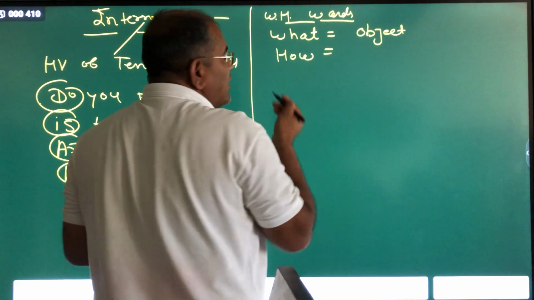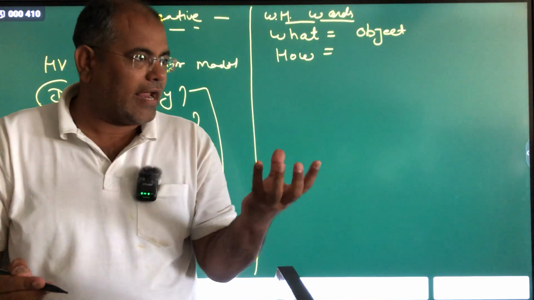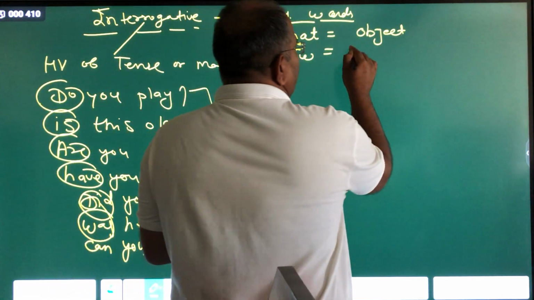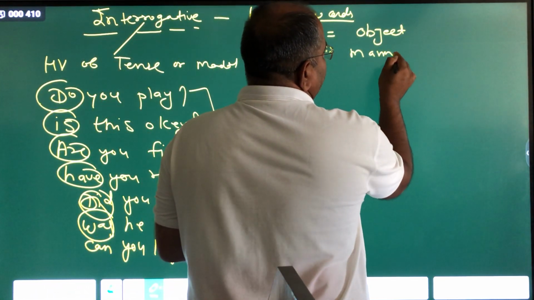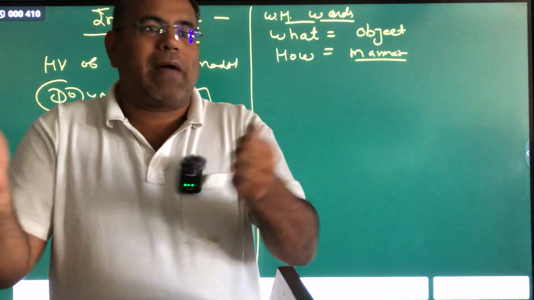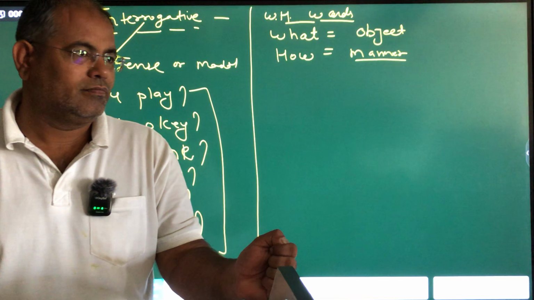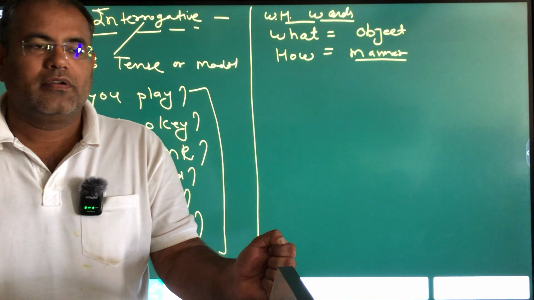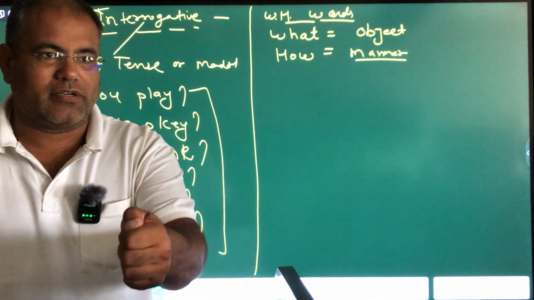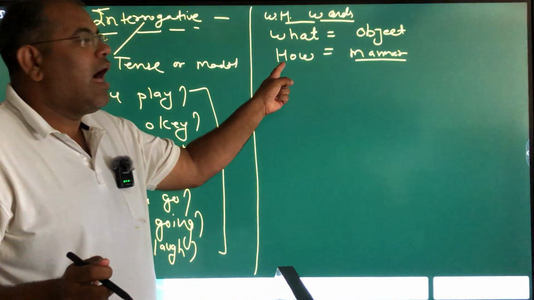How always asks the manner of an act. For example, I go to school by bus, by auto, by car, by train. This is the manner. So if you want to find out the manner, you use how.